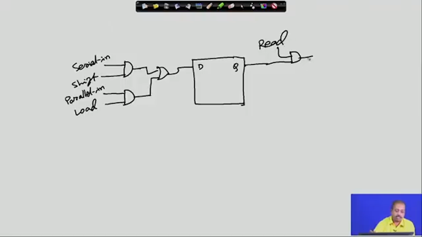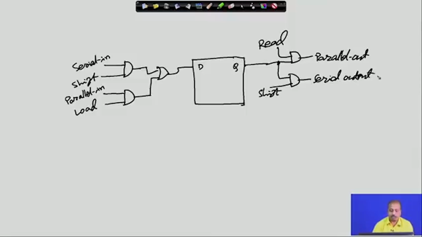So, if I give the read signal, this is the parallel output, and if I give a shift signal, then this will be the serial output. So, this is what we are looking for, plus the clock signal will be there, everything is synchronized with a clock.